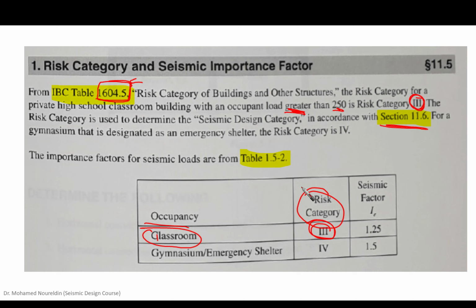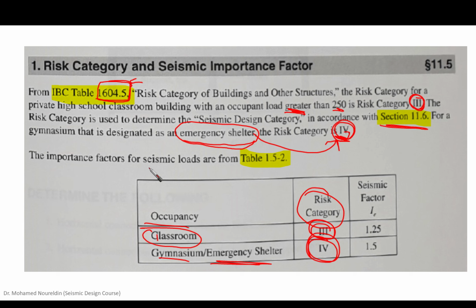And for a gymnasium that is designated as an emergency shelter, now we can directly say it is seismic risk category 4. It is the highest level. So the gymnasium as an emergency shelter is going to be 4 here.